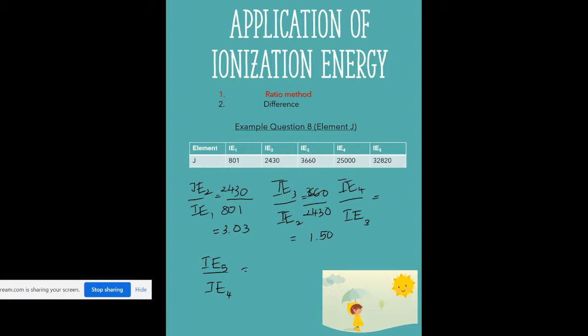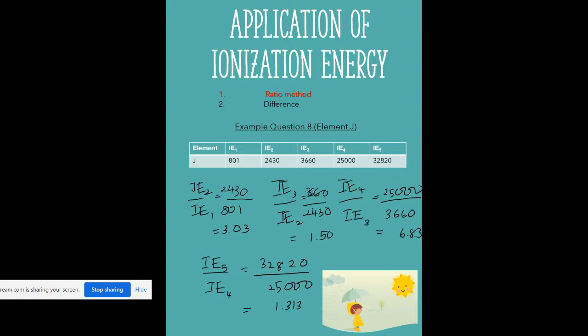For IE4 over IE3, the values are 25,000 over 3660, and you will get 6.83. And finally, you have 32820 over 25,000, and the value will be 1.313.